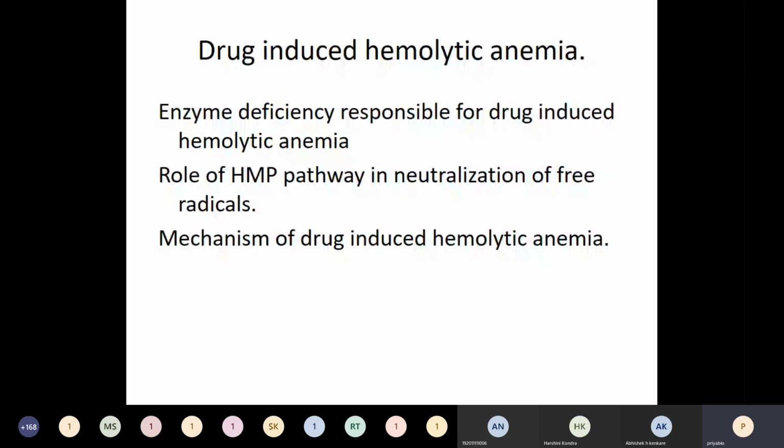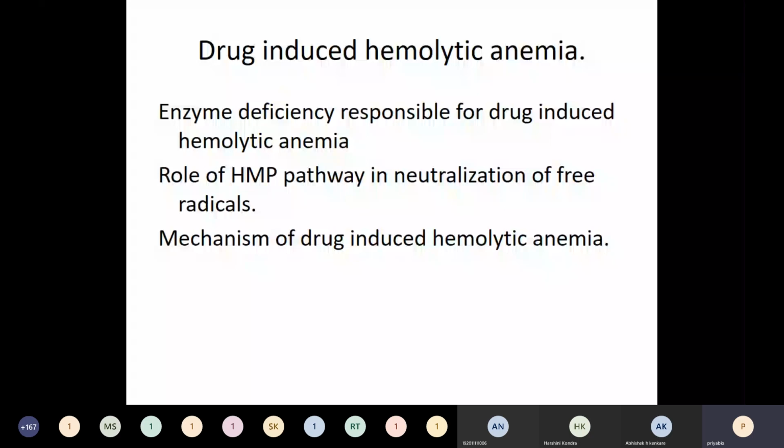So for the neutralization of free radicals, NADPH is utilized. Clear? I think I'm clear in what I'm telling. For the neutralization of free radicals, NADPH is required.